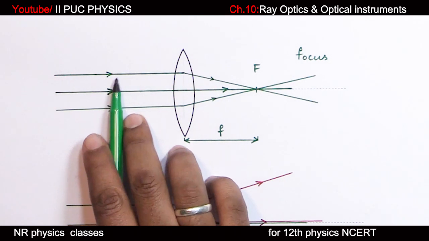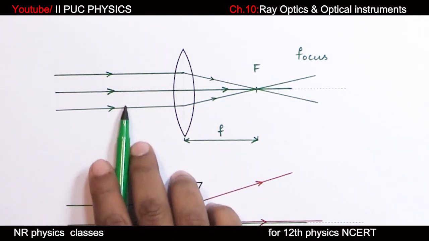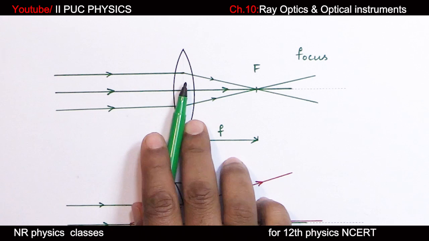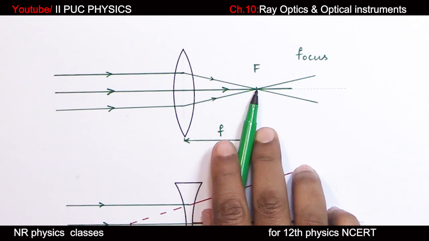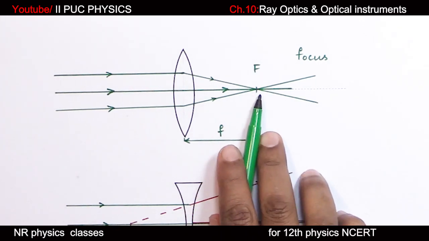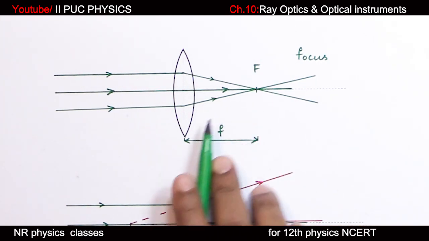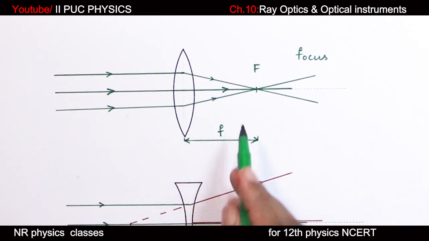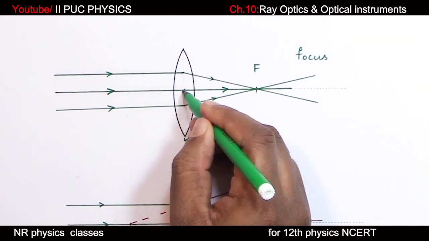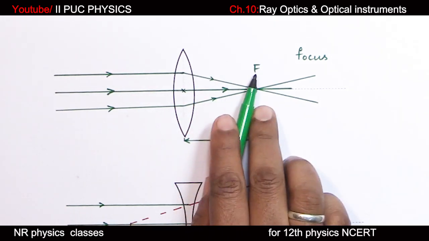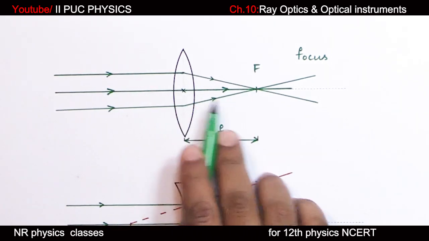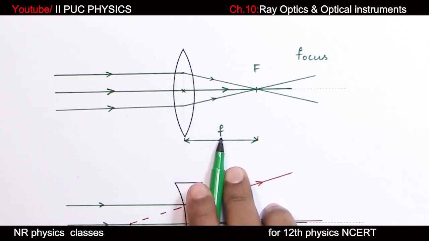So if rays parallel to the principal axis and close to it pass through a convex lens, then after refraction they converge through a point. That point is called the focus, and the distance of the focus from the principal section or optic center is called the focal length, denoted by f.